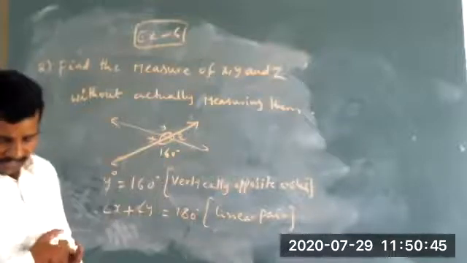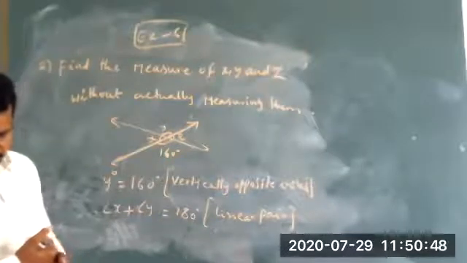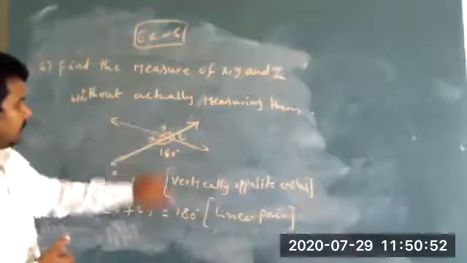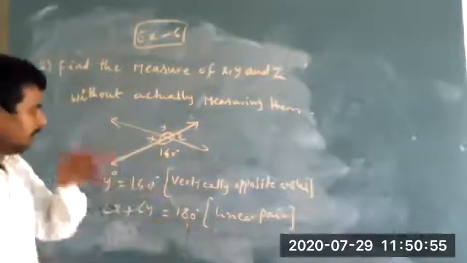A pair of adjacent angles whose sum is straight angle 180 degrees is called a linear pair. The sum of these two angles is equal to 180 degrees, so it is called a linear pair.